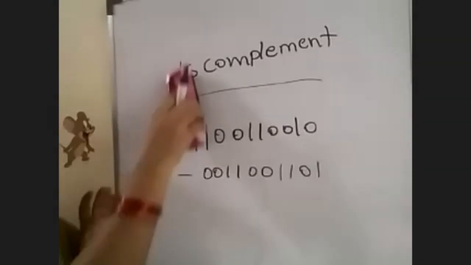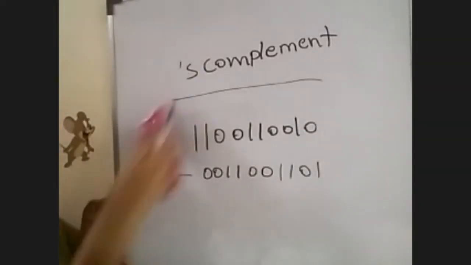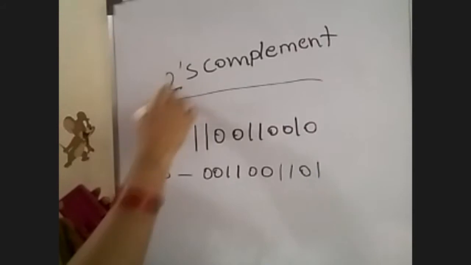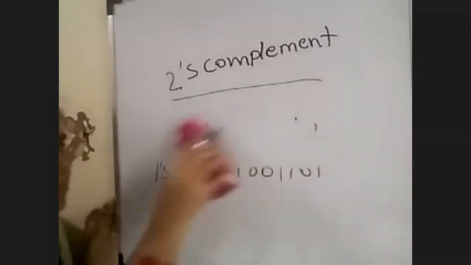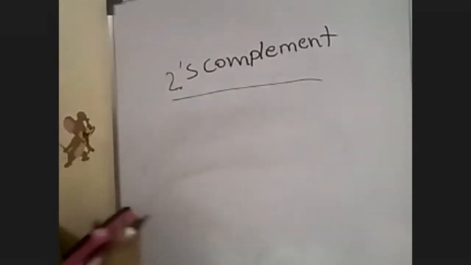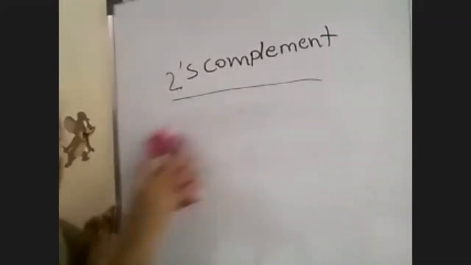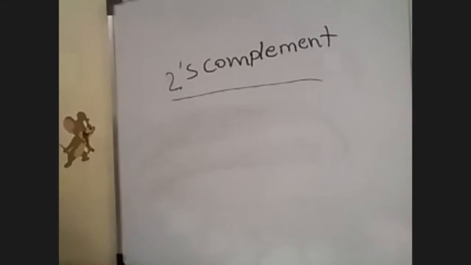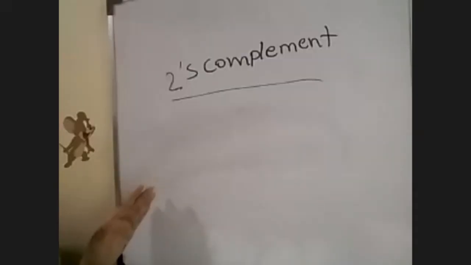Two's complement representation. The two's complement is the binary number that results when we add 1 to the one's complement. Is it clear?